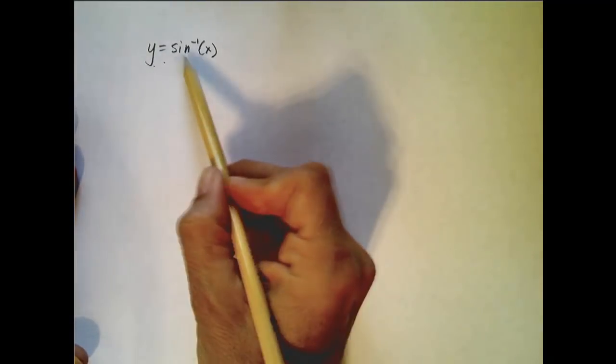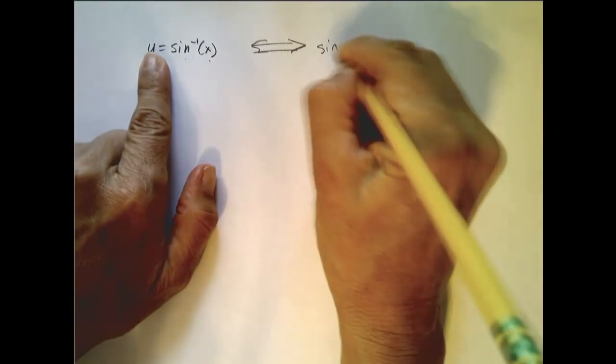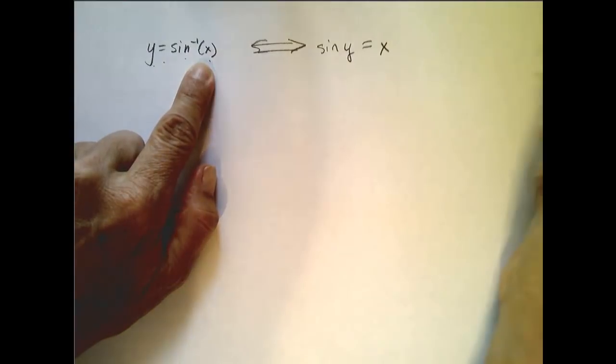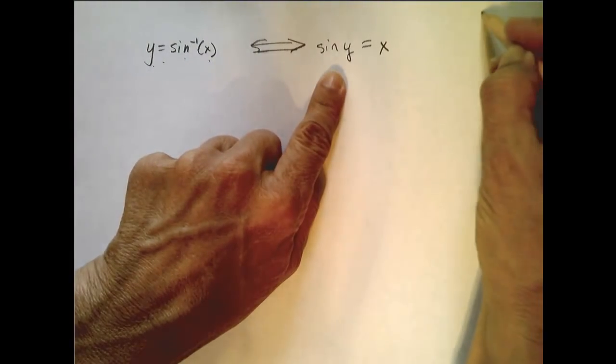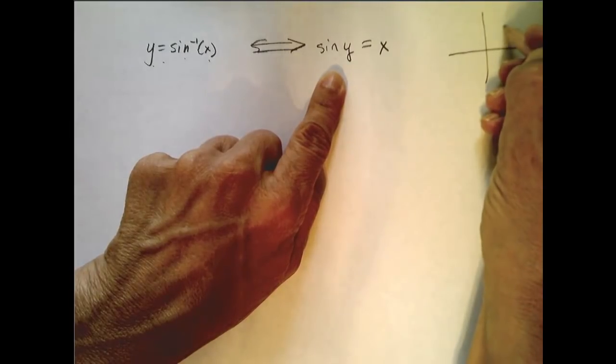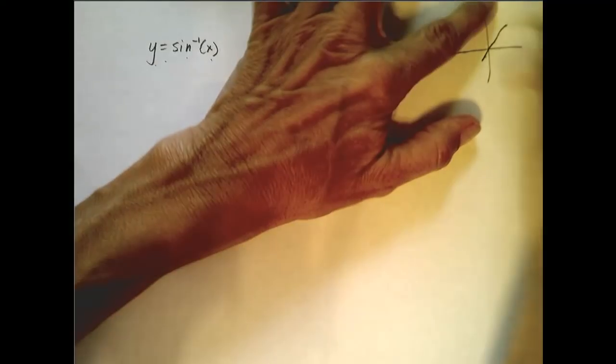it to this. So if y is equal to sine inverse of x, this means that sine of y equals x. And that is true when sine is restricted to a domain where it's 1 to 1.